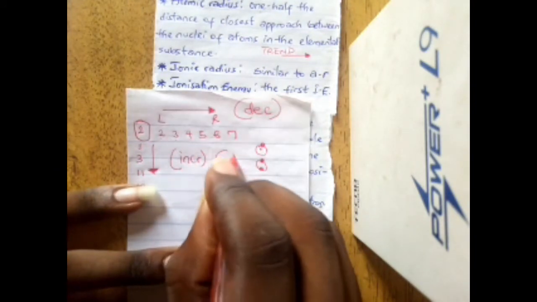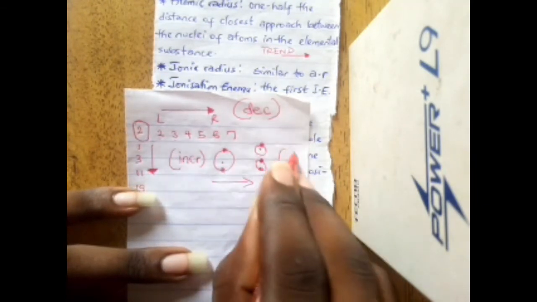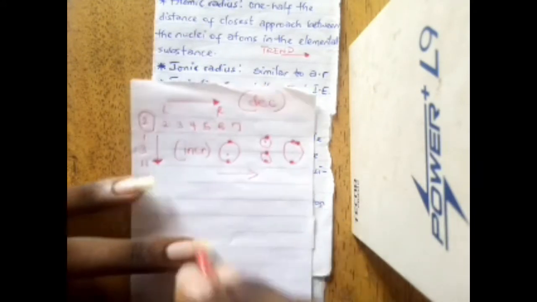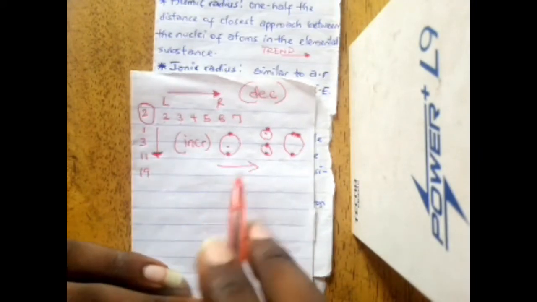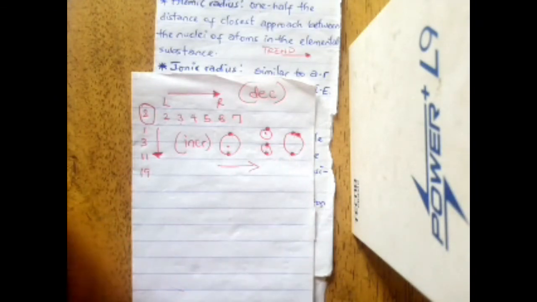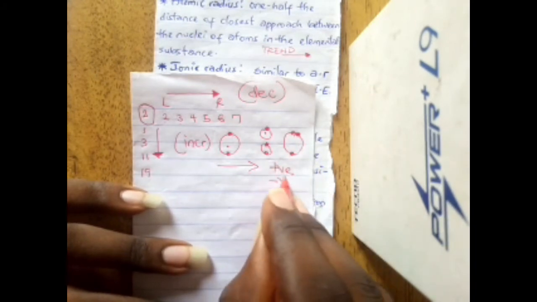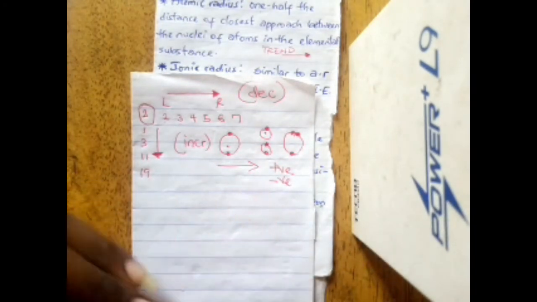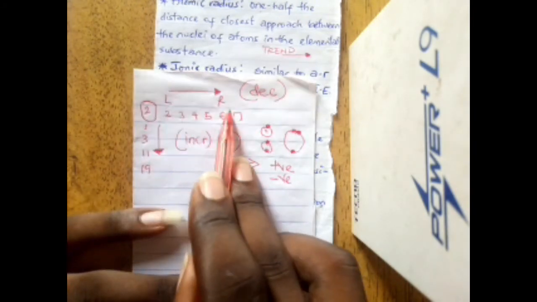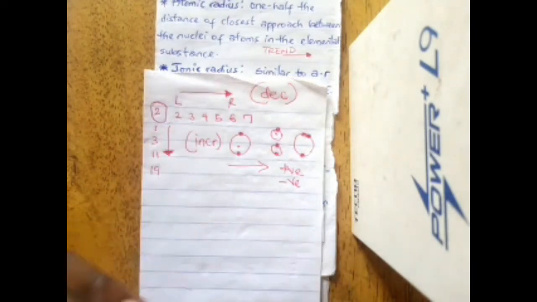An atom with 2, moving left to right, became 1, 2, 3. This does not really have any effect on the size of the atom, because as electrons are being added, the nucleus also exerts charge, because the nucleus is positively charged and the electrons are negatively charged. So as electrons are being added, protons are being added, and there is a balance of charge. So moving from left to right, the atomic radius decreases, it does not increase.